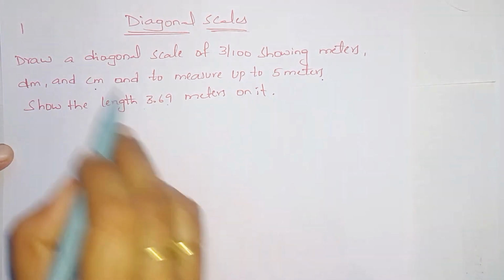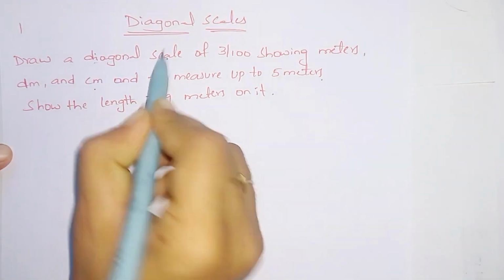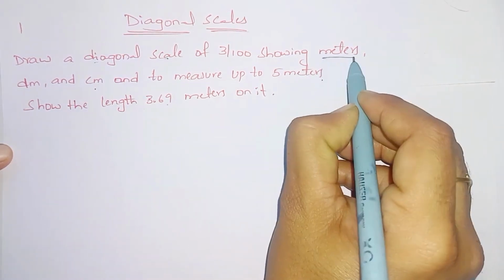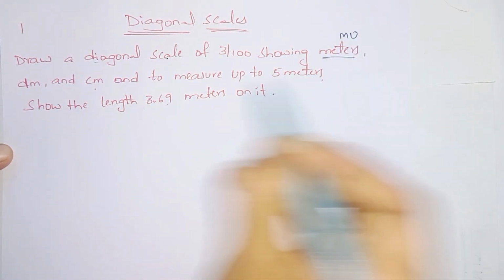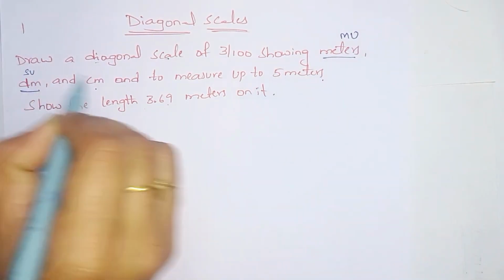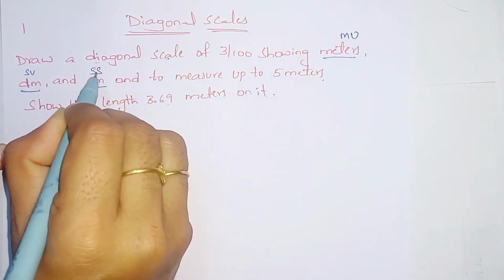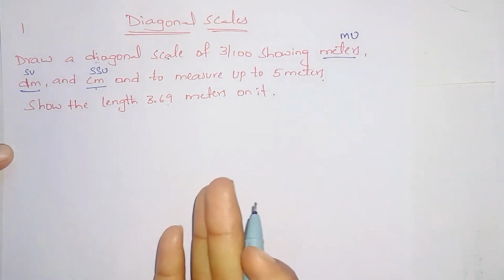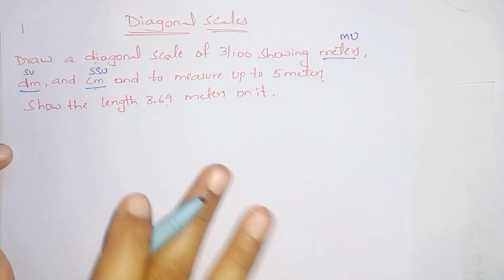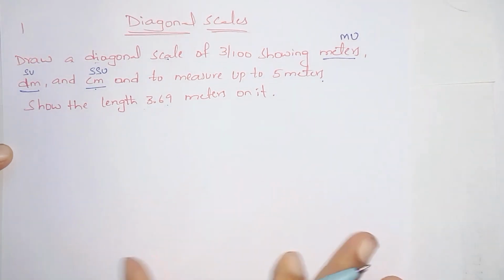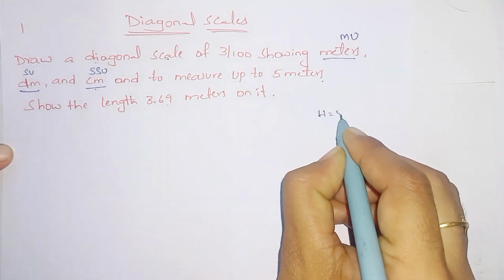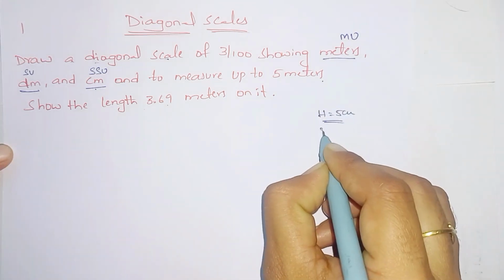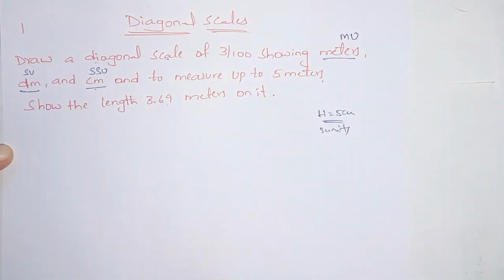Meters is the main unit, decimeter is a subunit, and centimeter is a subunit. Here the names and units are directly mentioned. The height is equal to 5 centimeters, and we have to follow these 3 units.